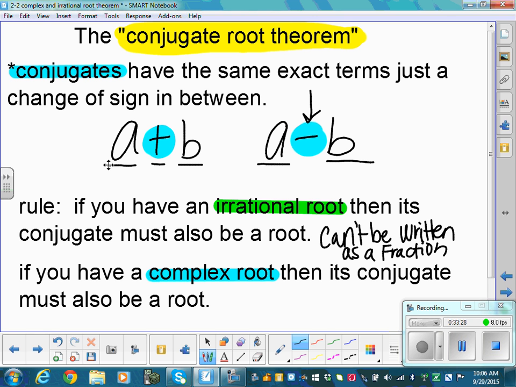Conjugates come in pairs. So if you have an irrational root, there is another root for sure. It's the conjugate of that root. Only though if it's irrational, meaning it can't be written as a fraction.